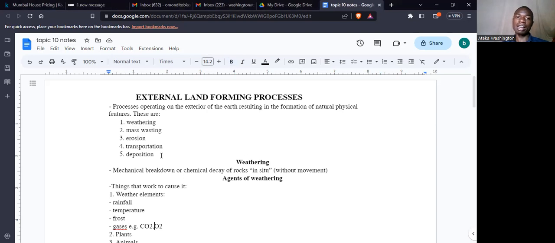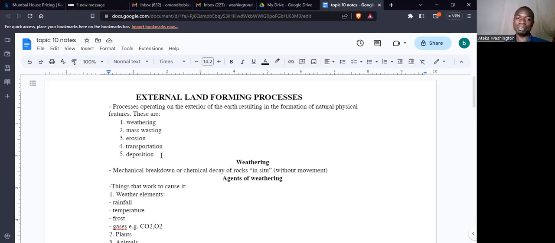They include weathering, and weathering in summary, we can say is just the fracturing of rocks in situ or without movement. They don't require any movement or any external force for the rocks to fracture. We call that weathering.